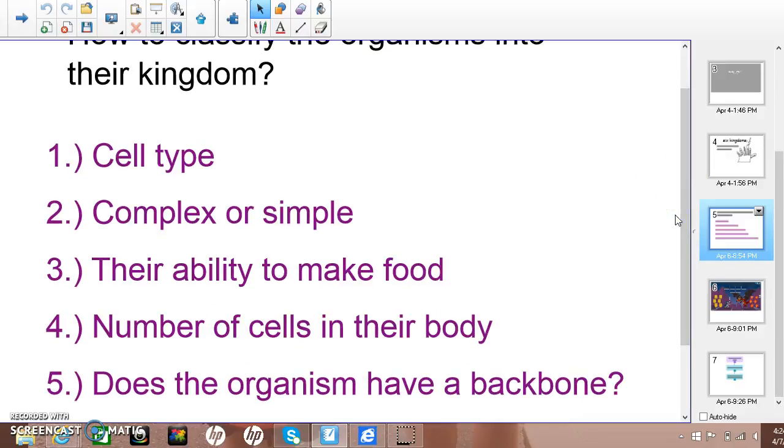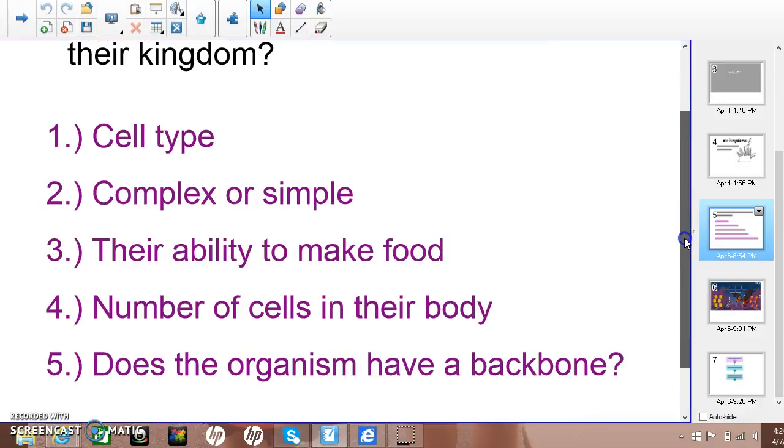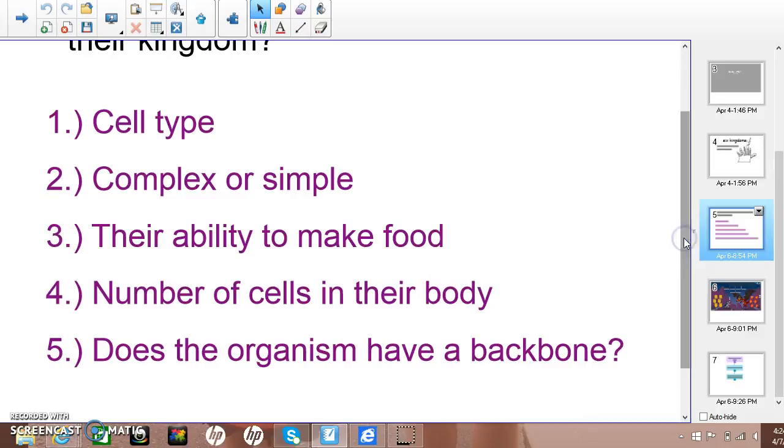How do you tell if it's complex or simple? I think it has to do with the chromosomes in the body. Okay. On your test, I'll say how many chromosomes there are, so you'll know whether it's complex or simple. And then the number of cells in their body, and does the organism have a backbone?